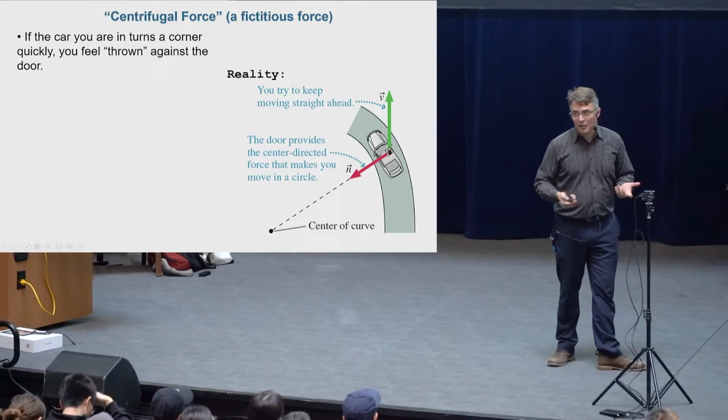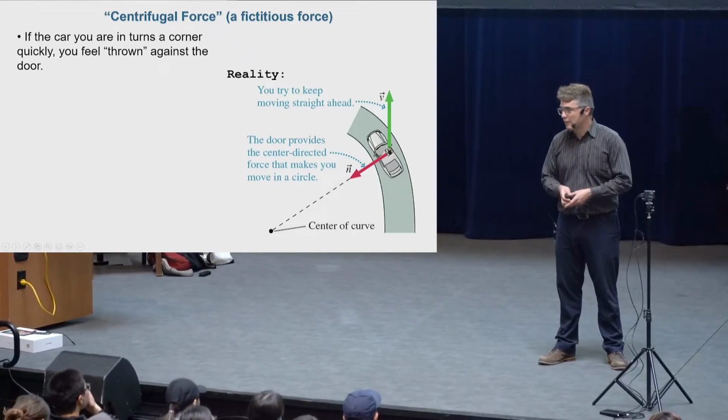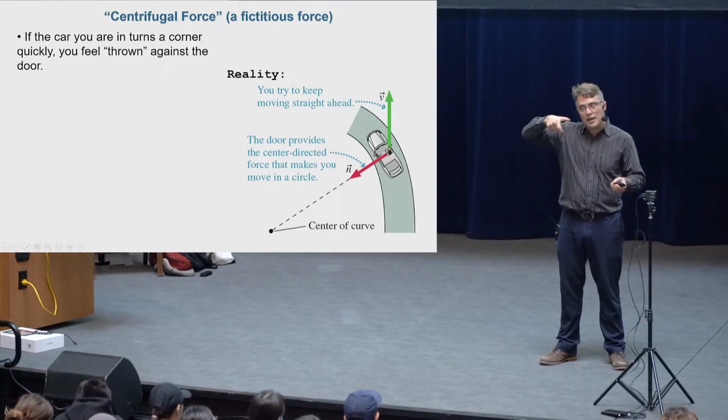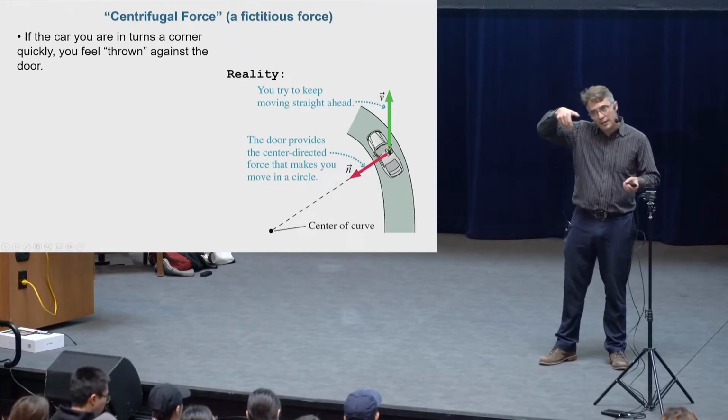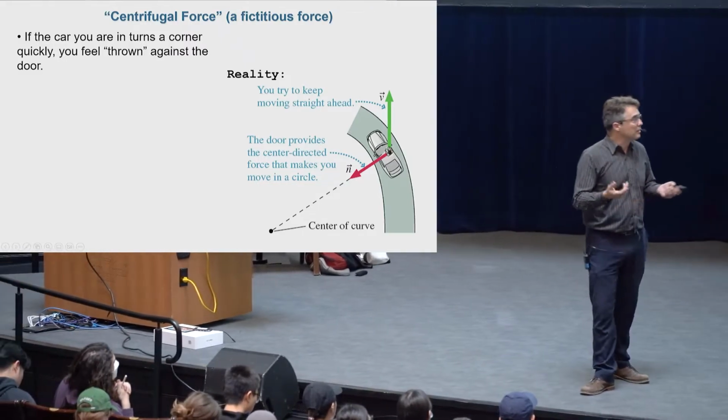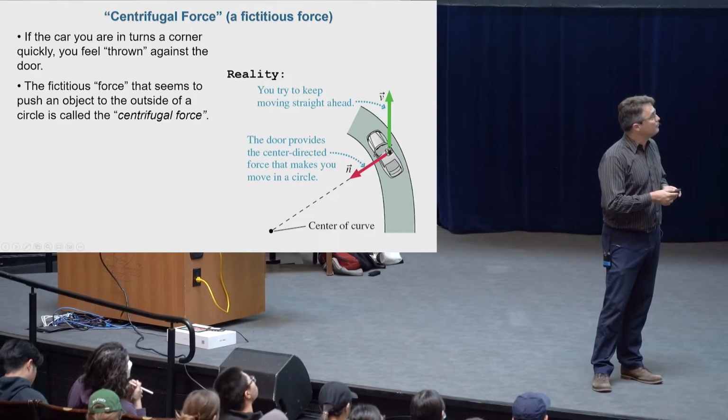And actually, although it's fictitious, it's very useful. If you have a centrifuge in a lab, you can put a test tube in it, spin it around, and the centrifugal force will cause sediments to rapidly fall down towards the bottom, like platelets or something like that in blood.